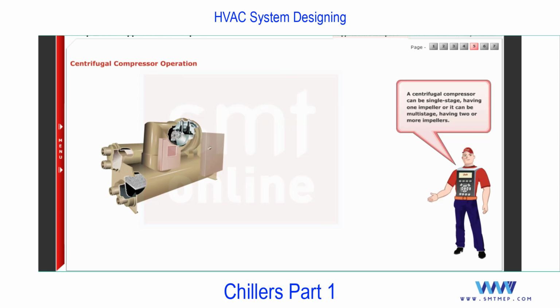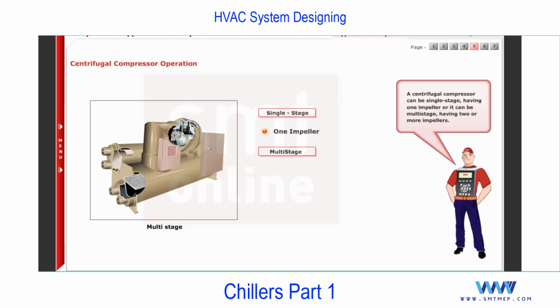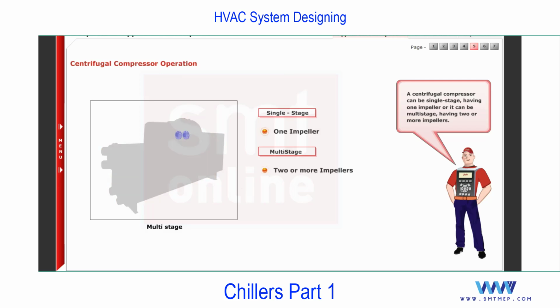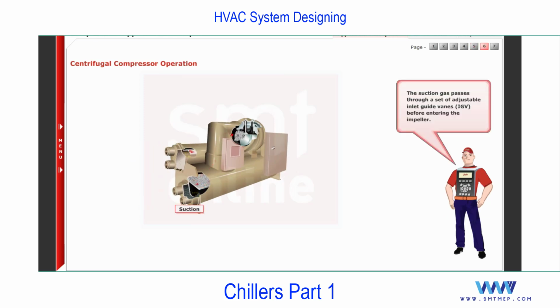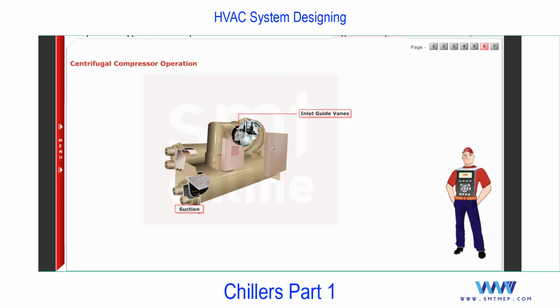A centrifugal compressor can be single-stage, having one impeller, or multi-stage, having two or more impellers. The suction gas passes through a set of adjustable inlet guide vanes before entering the impeller. As inlet guide vanes open, more gas passes through the compressor.